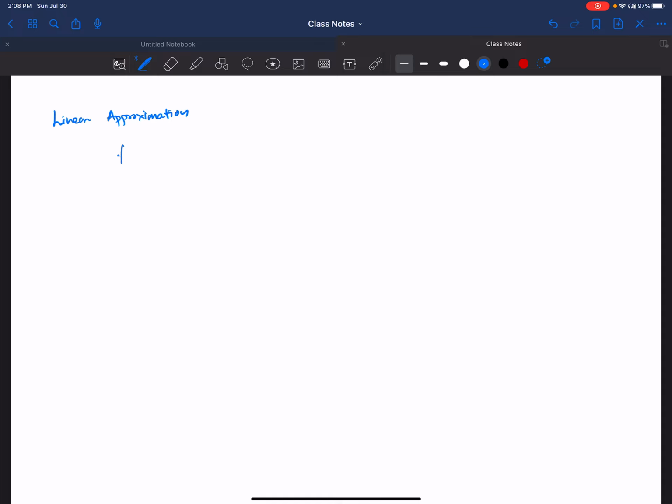For example, we know the cubic root of 8 is equal to 2. But we cannot directly find the cubic root of 8.1 without a calculator.